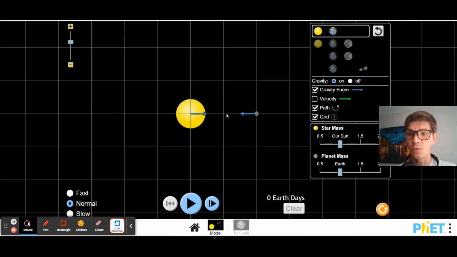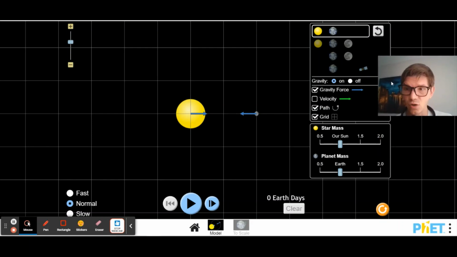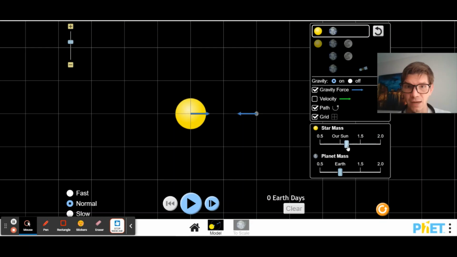A couple of things that will affect the amount of gravity: one, the mass. If I increase the mass of either one of these celestial objects, if I make the sun more massive, you're going to notice that the force of gravity is increasing, and it's increasing in both directions.